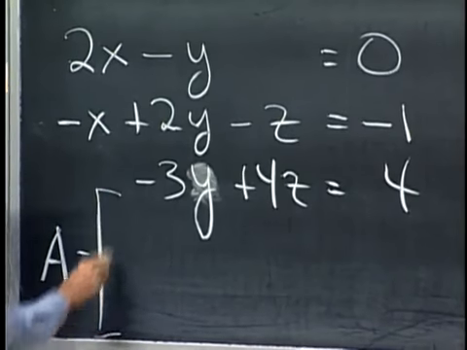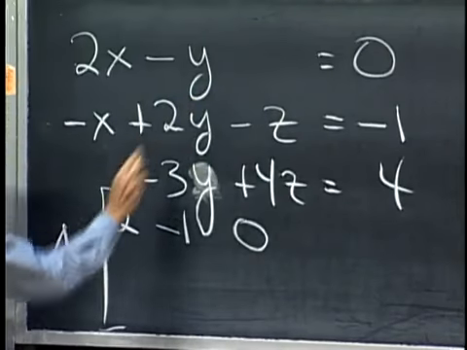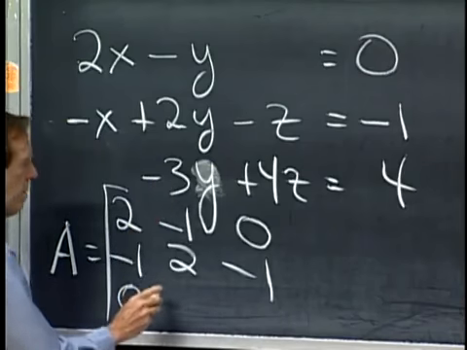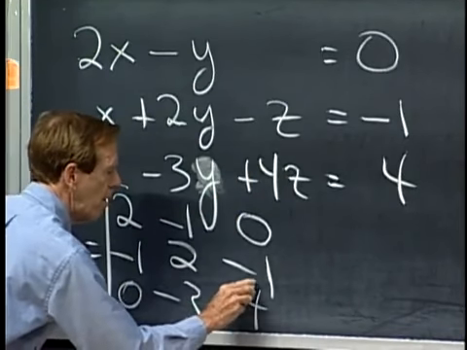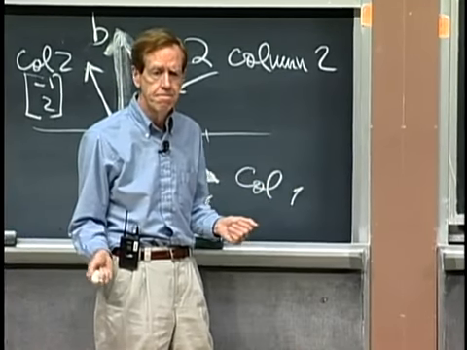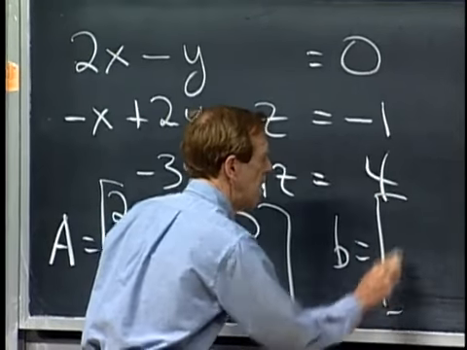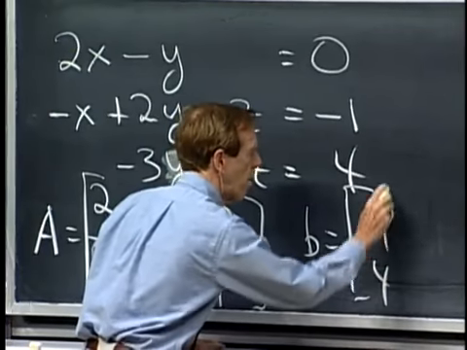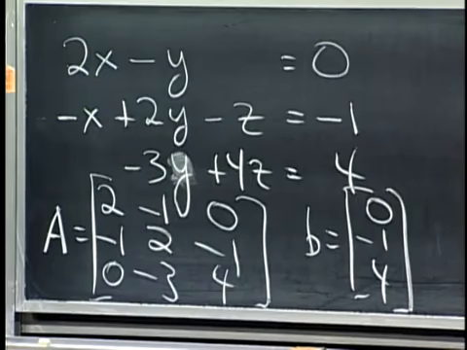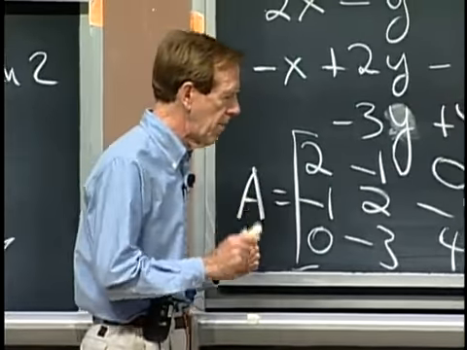Our matrix A is the 2 and the minus 1 and the 0 from the first row, the minus 1 and the 2 and the minus 1 from the second row, the 0, the minus 3, and the 4 from the third row. So it's a 3 by 3 matrix. 3 equations, 3 unknowns. And what's our right-hand side? Of course, it's the vector 0, minus 1, 4. Okay. That's the shorthand to write out the 3 equations. But it's the picture that I'm looking for today.